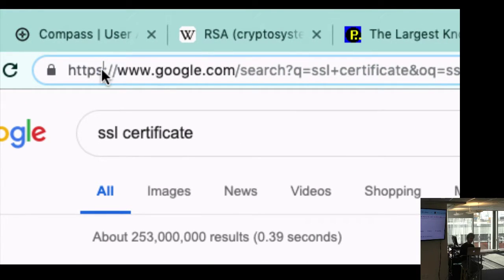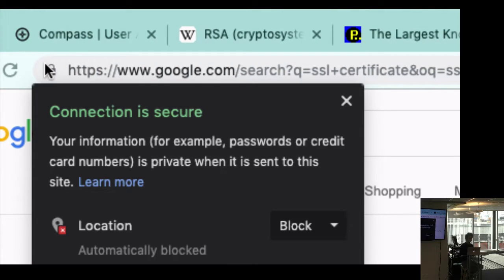What's going on underneath is that you're generating a key, and you're verifying that that key is yours with a third-party organization, saying, "Hey, this is me," so people can have that kind of secure and secret communication back and forth.